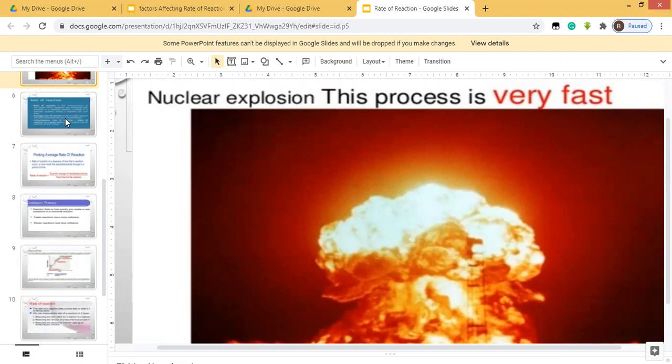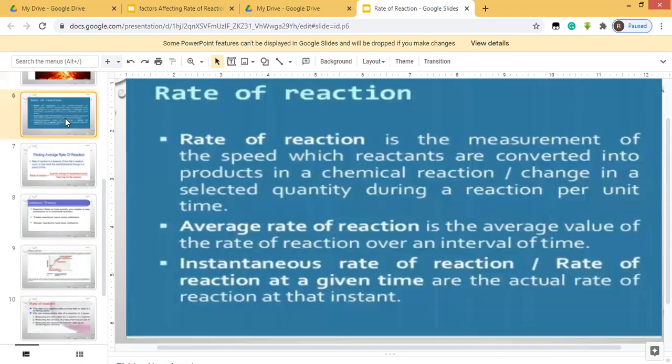Now, this rate of reaction is the measurement of the speed at which reactants are converted into products in a chemical reaction. So, it is the change in the selected quantity during a reaction per unit time. The average rate of a reaction is the average value of the rate of reaction over an interval of time.